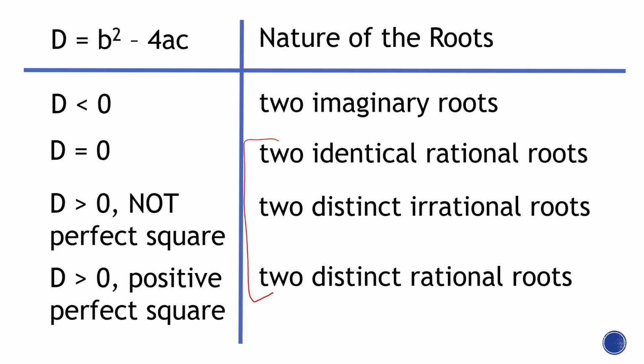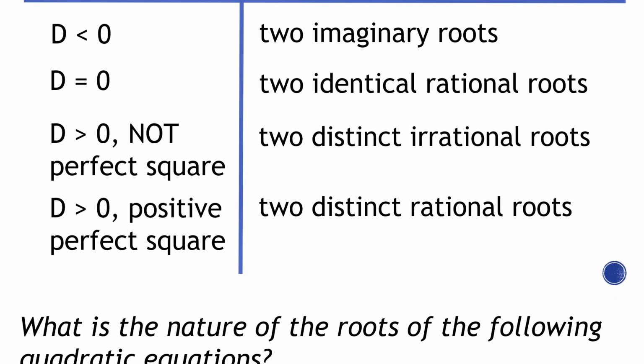If the roots are imaginary, how does the graph look like? If a quadratic equation has two distinct rational roots, what's the image of the graph? I will give you those later on.